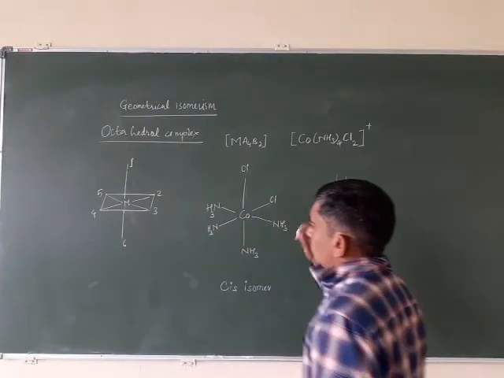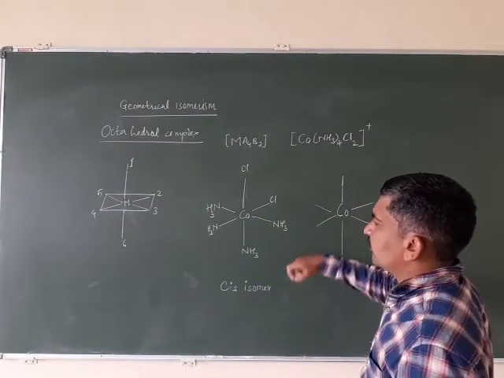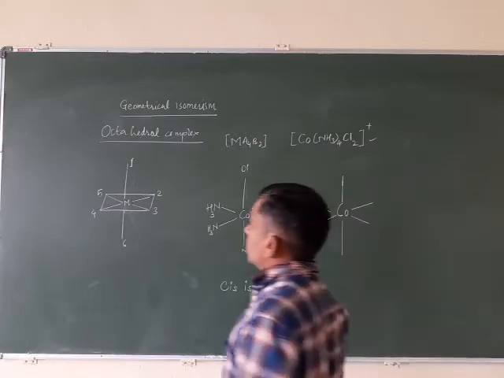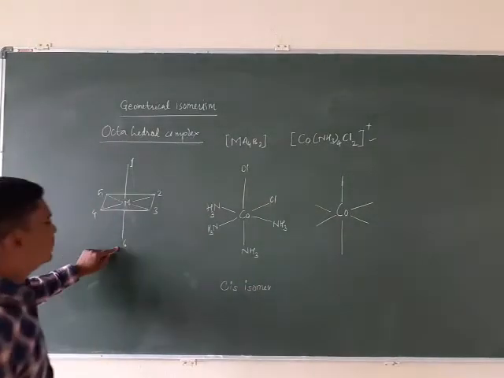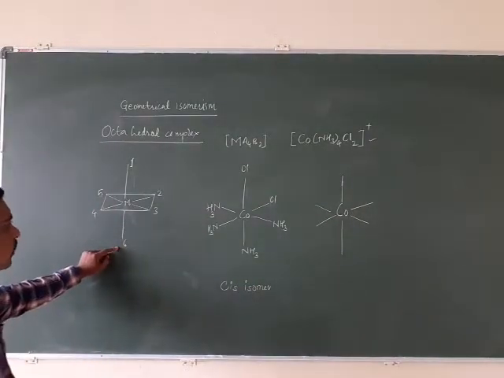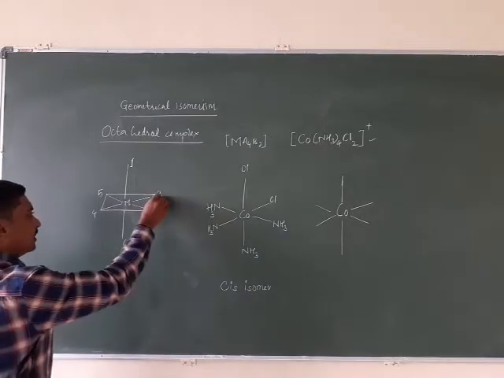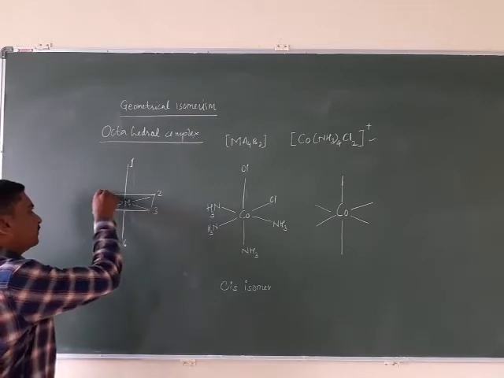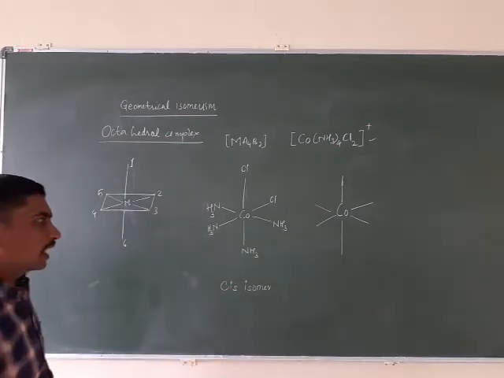So to draw a trans isomer for the example, we know that the 1 6 position is a trans position. Then the 2 4 position is a trans position, and the 3 5 position is also a trans position.